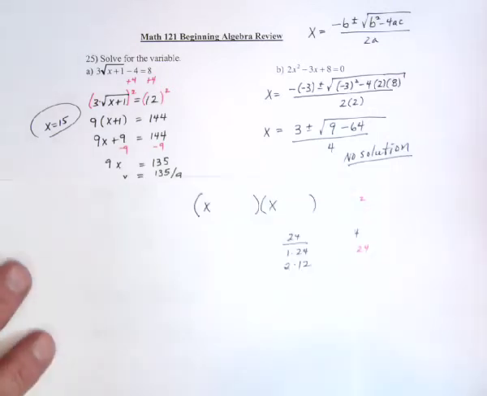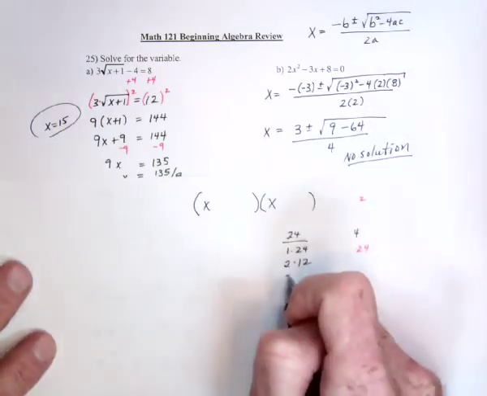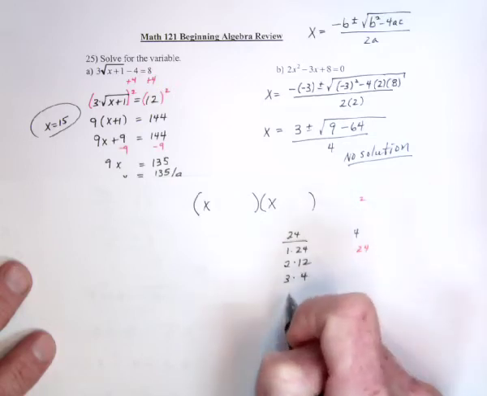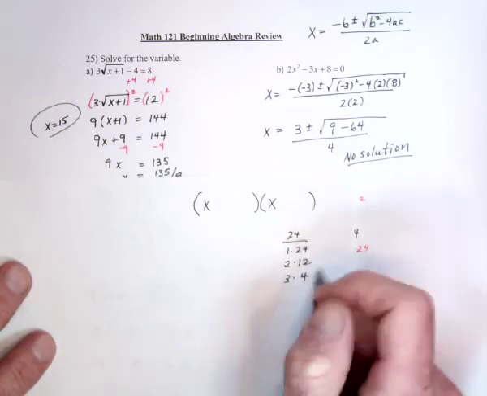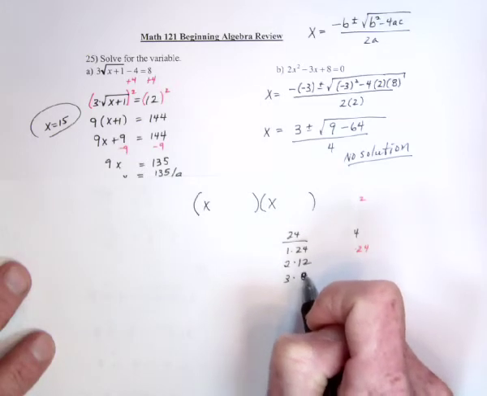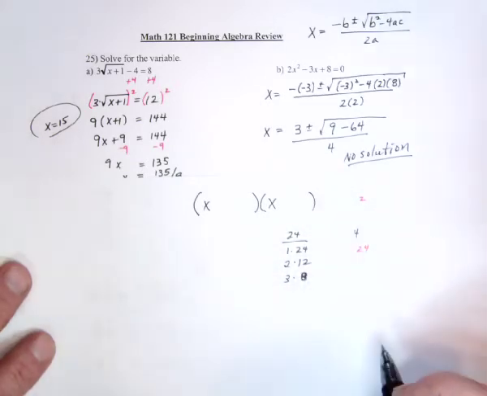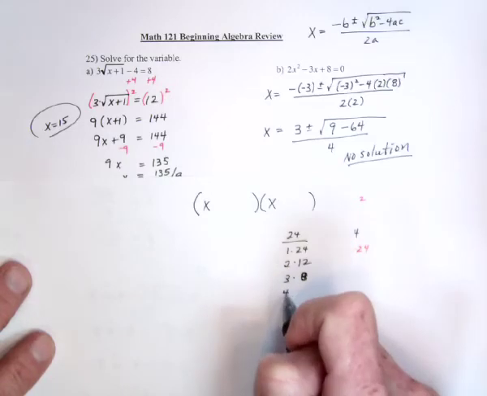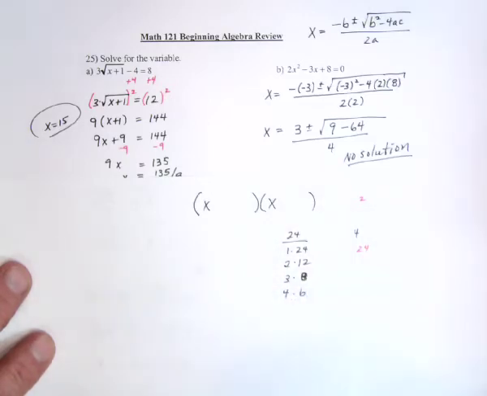There's the possibility of 3 times 4 and, no wait, 3 times 8 is 24. What else have we got? 4 times 6. Okay, so there's the possibilities.